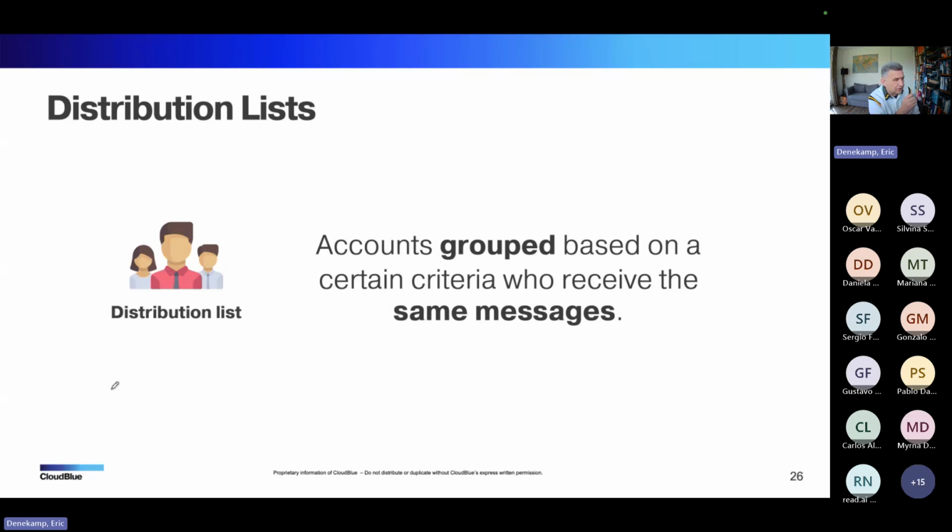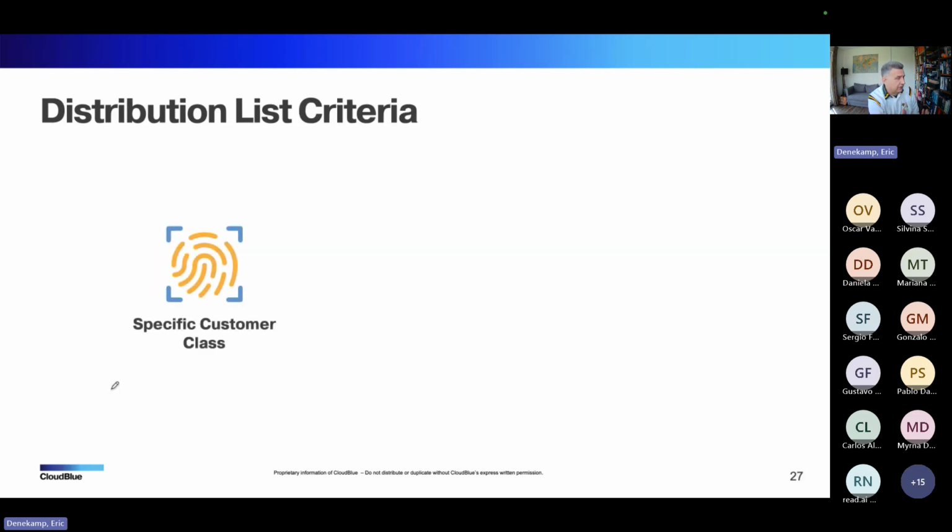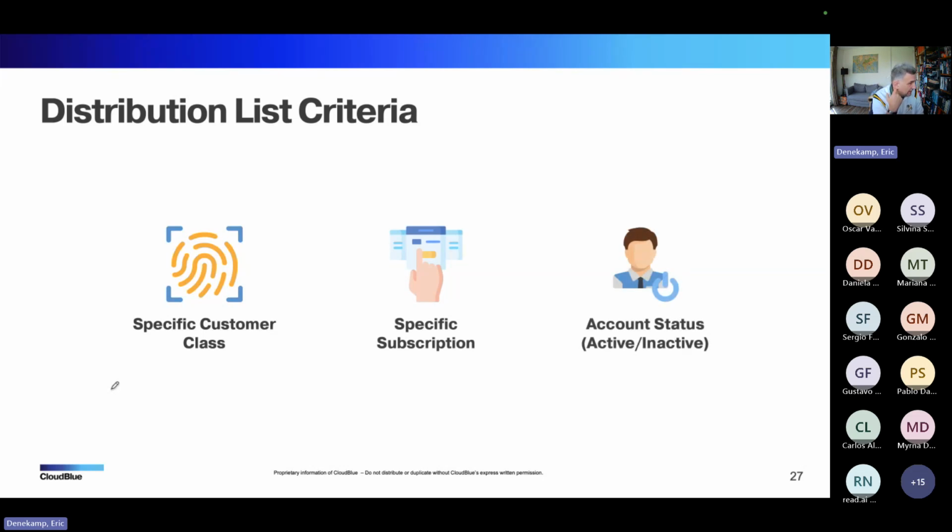In that case, you can use distribution lists based on these criteria: specific customer class, or specific subscriptions, or the account status. A specific subscription could be, again, bound to, for instance, a service template, knowing that everybody that has an Office 365 subscription will now get a notification that they have to log into their environment and accept the new terms and conditions. That is the demo that I'm going to do a little bit later. So remind me that I'm going to do this one.